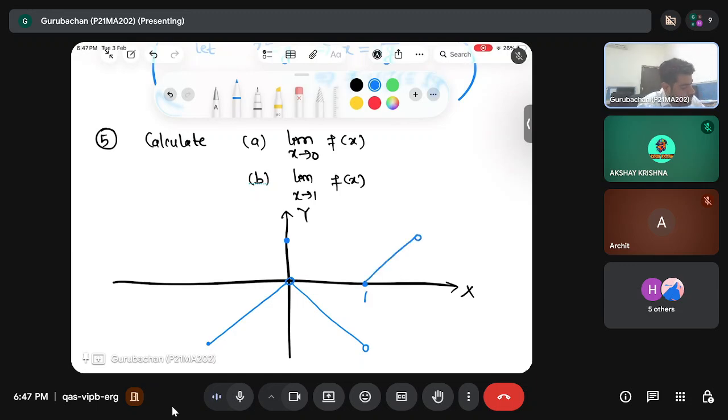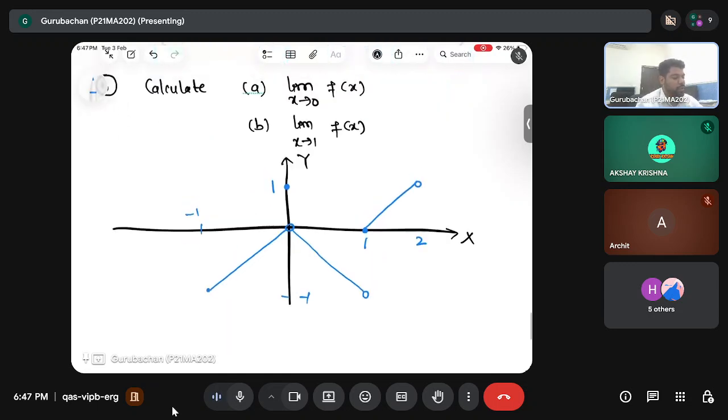So this is 1, this is 2, this is 1, this is minus 1, and this is minus 1. So we have given this function, we need to calculate the limit of this function at x equal to 0 and at x equal to 1.